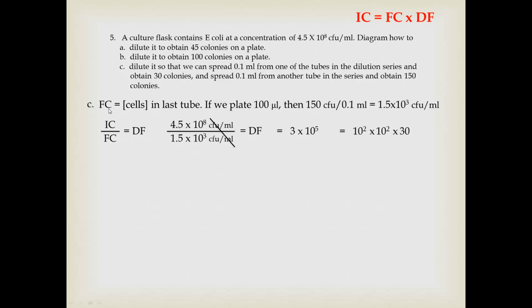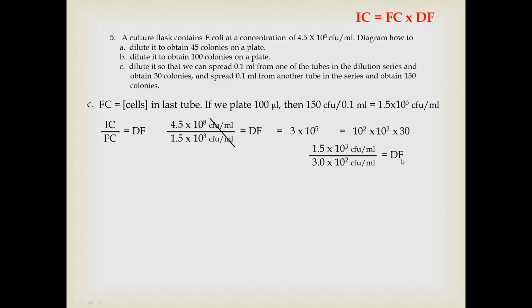So once again, IC divided by FC equals DF. What was FC last time is now IC. Our new FC is 3.0 times 10 to the 2, or 300.